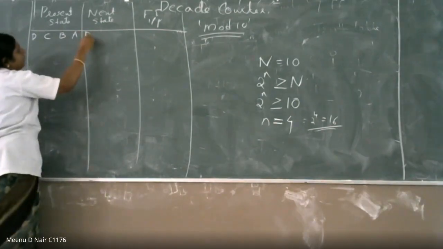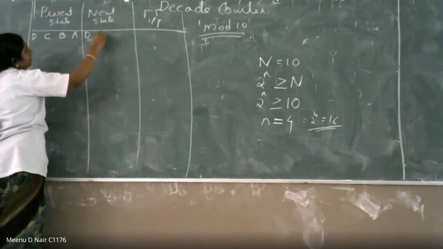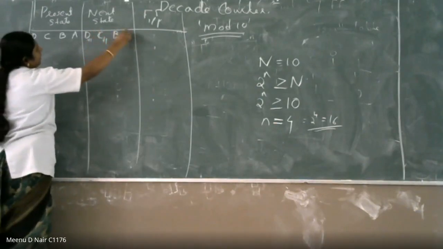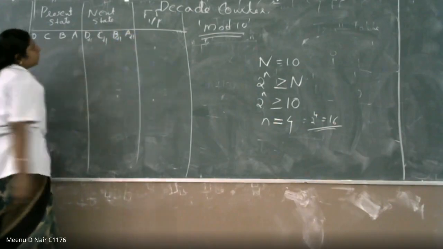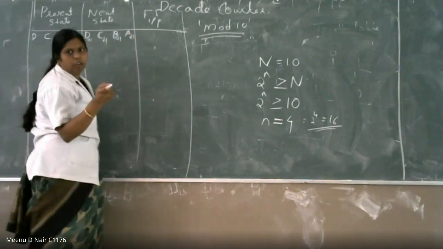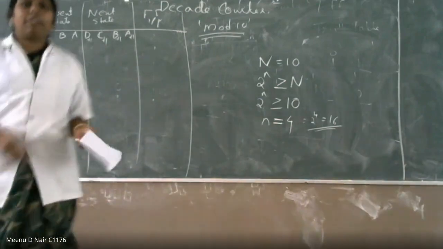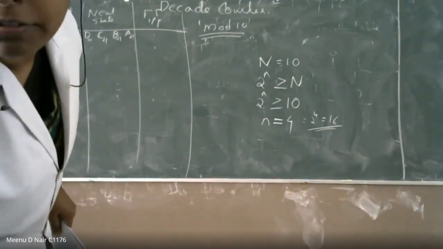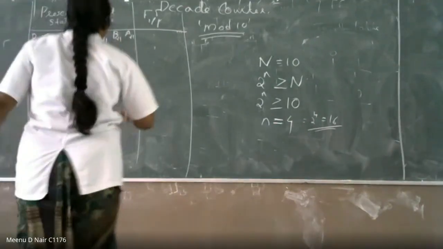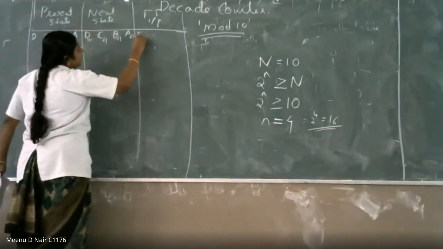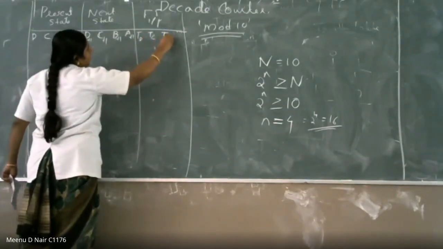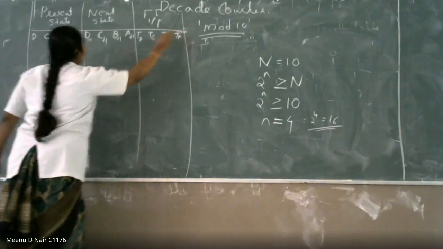So the next state will be D plus 1, C plus 1, B plus 1 and A plus 1. You are using T flip-flops here, so how to name that one? The T flip-flop inputs will be TD, TC, TB, TA.